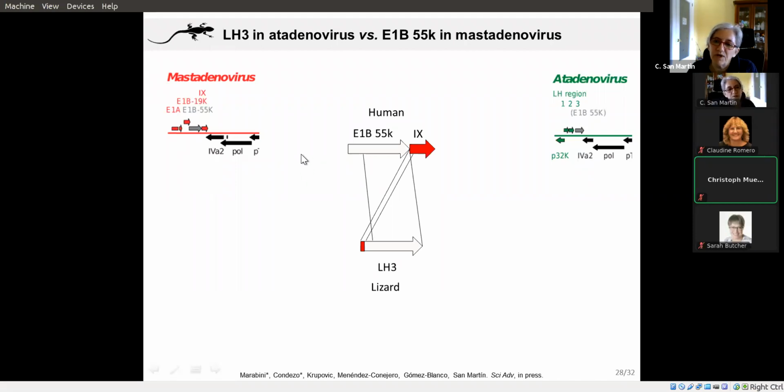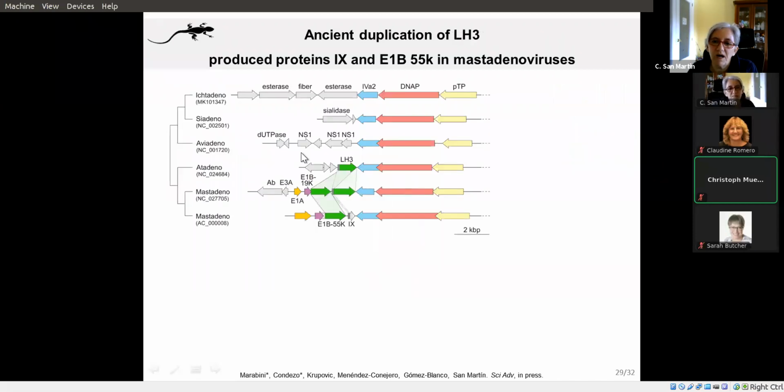To answer this question, we contacted Mart Krupovic in Paris, and Mart did an exhaustive analysis and comparison of all the adenovirus genomes, and he found that the E1b55K or LH3 genes are present only in these two genera, adenovirus and mastadenoviruses.